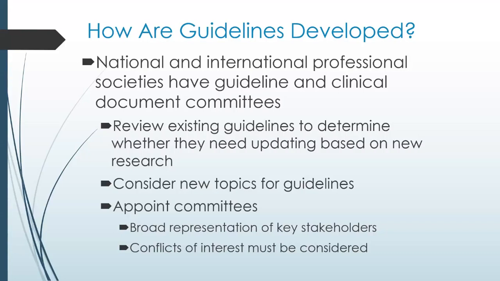We actually just had a new AFib guideline come out at the end of 2023, and the last major revision of that guideline was more than 10 years ago, and so much had changed, it was necessary to do a new one. They also look at new topics for guidelines, so new treatments that come up that hadn't been considered before.